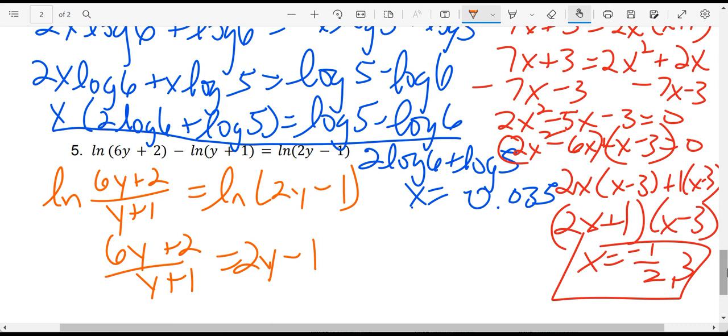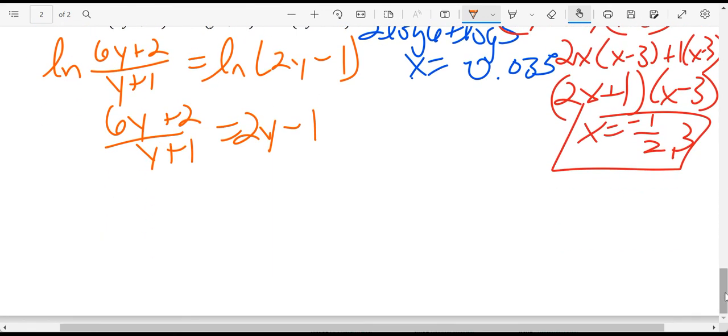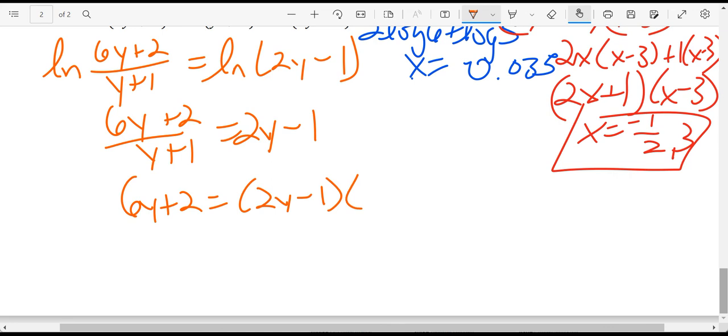Multiply both sides by y plus 1. So you get 6y plus 2 equals, I'm going to have to FOIL this, 2y minus 1 times y plus 1. If I FOIL, I'll get 2y squared plus y minus 1. I don't need parentheses around that anymore.